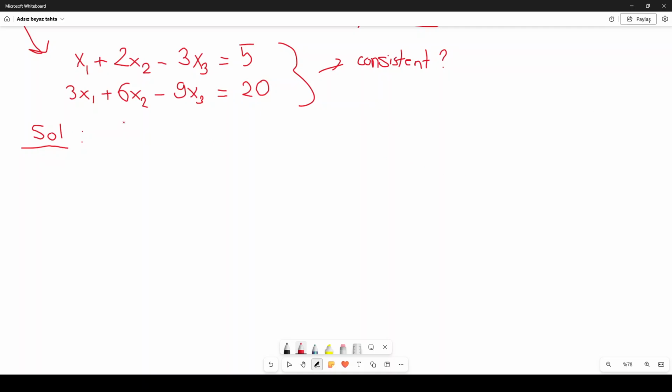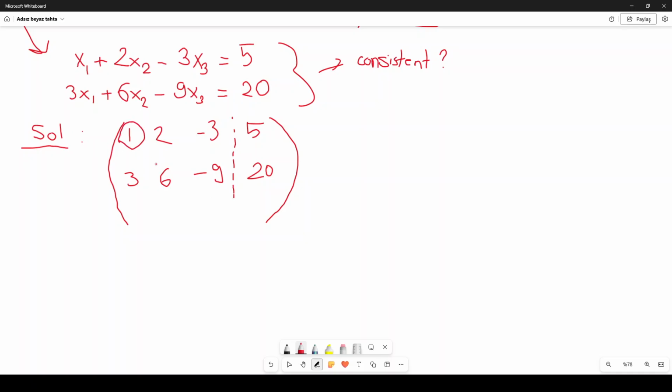Alright then, let's use the Gaussian elimination method. Let's represent the system in augmented matrix form and write down the coefficients and then the right-hand side values, don't forget them. Then we have 3, 6, minus 9 and 20. Let's check the first pivot element. The first row is a non-zero row and the leading entry, which is 1, is the pivot element.